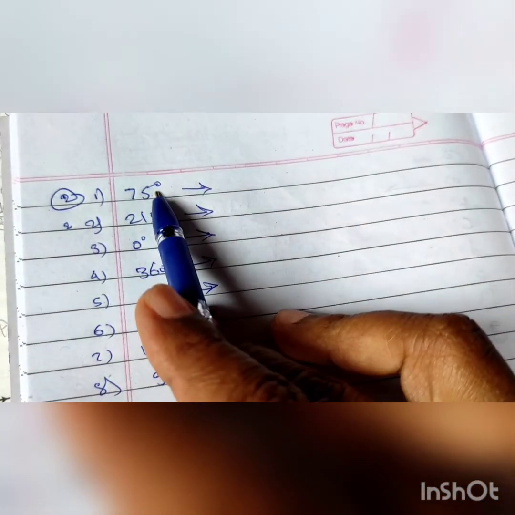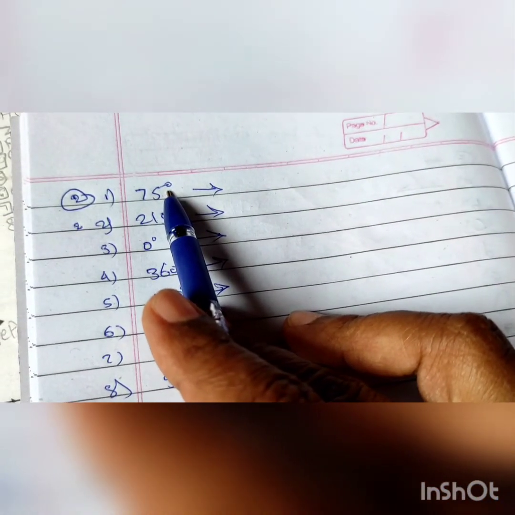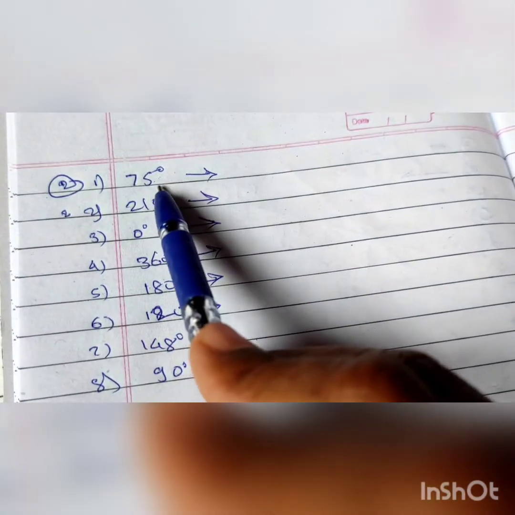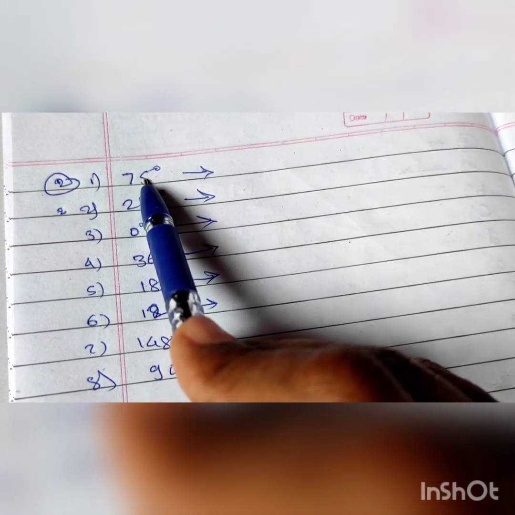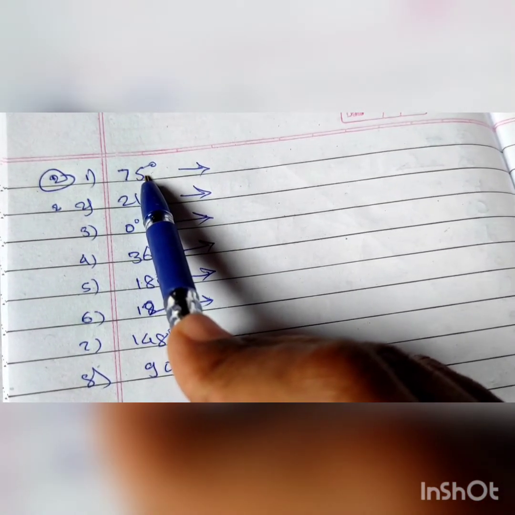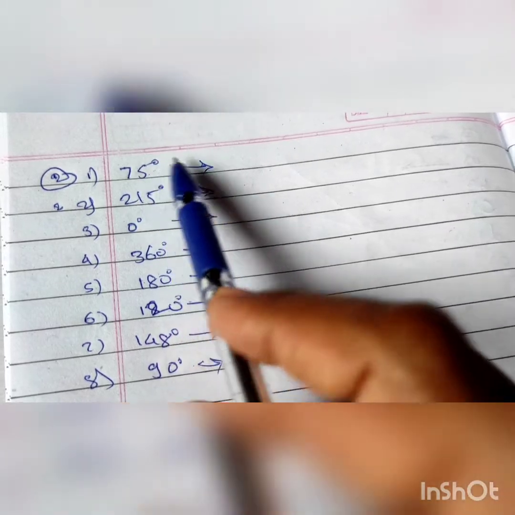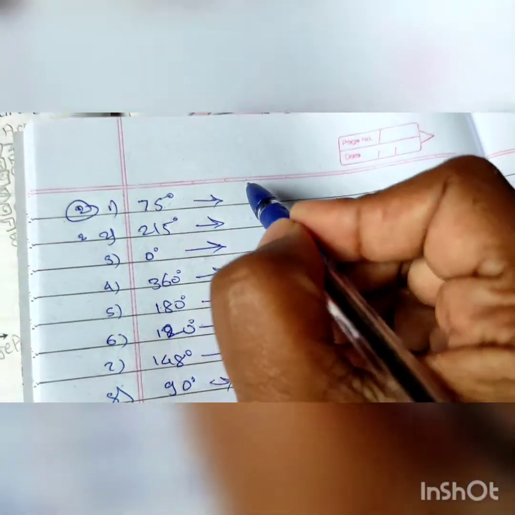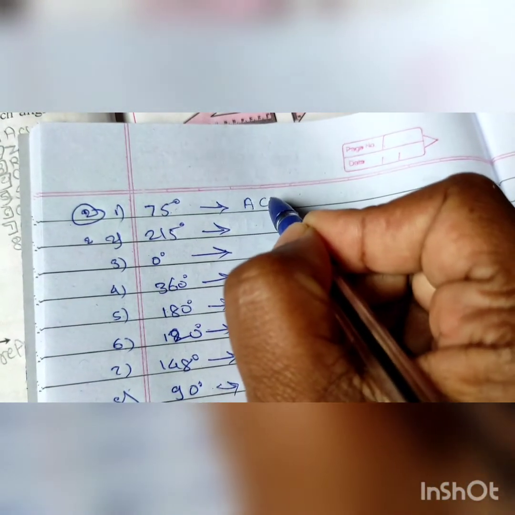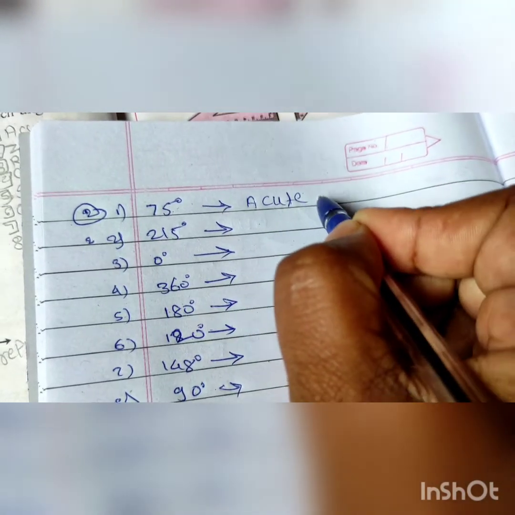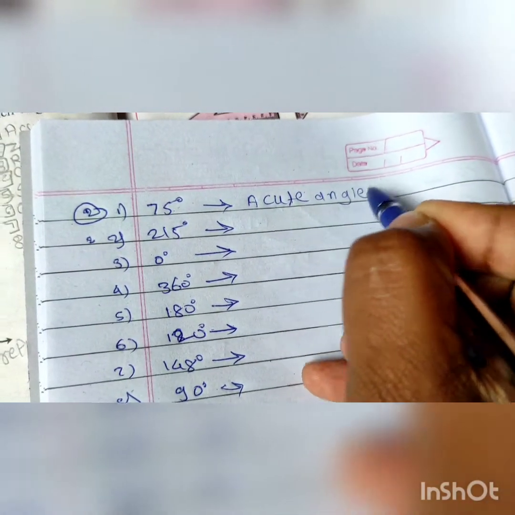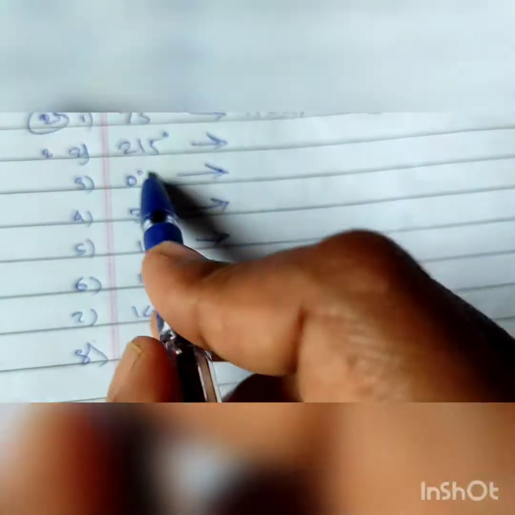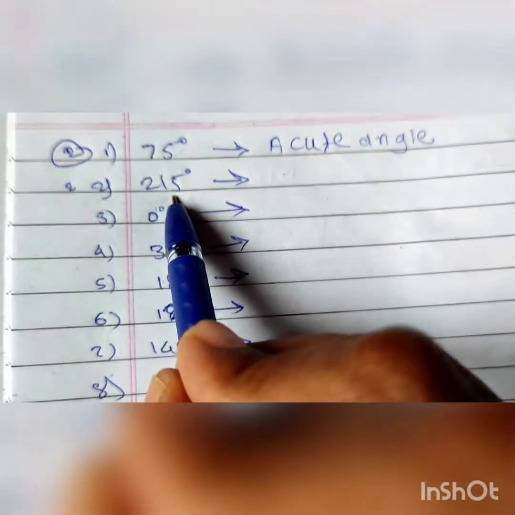This is acute angle because the angle which is less than 90 degree and more than 0 degree is called acute angle. So this is acute angle. Okay. This is 215.